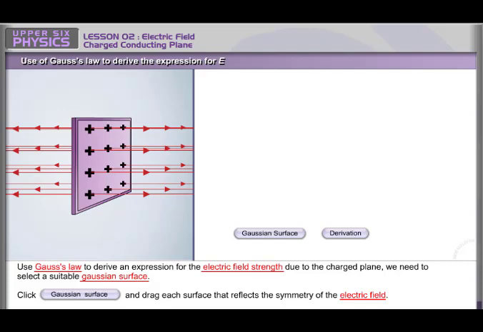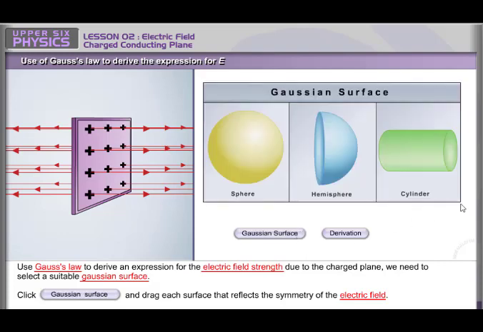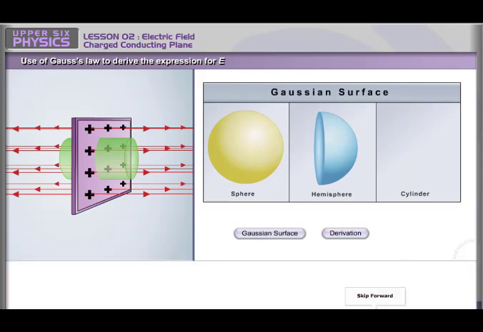We need to select a suitable Gaussian surface. Click the Gaussian surface button and drag each surface that reflects the symmetry of the electric field. The most suitable Gaussian surface is the cylinder.